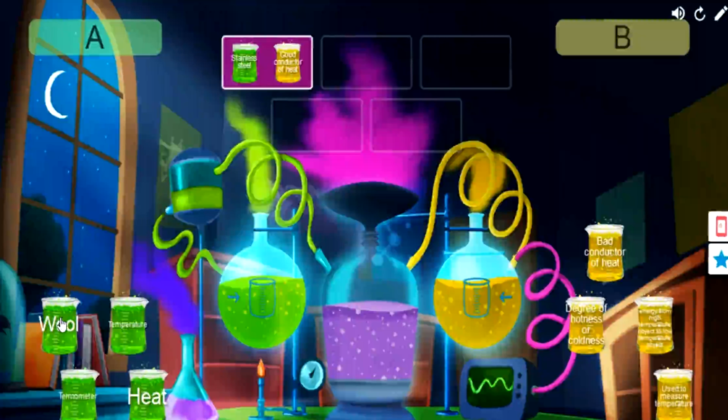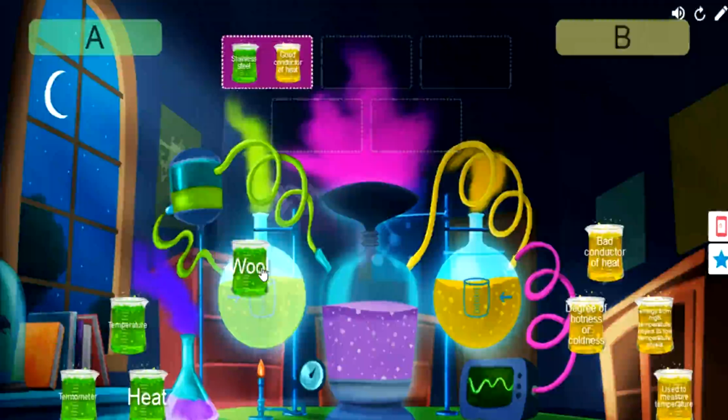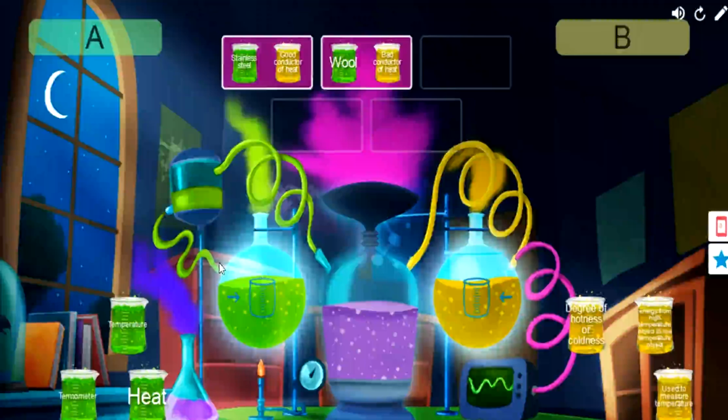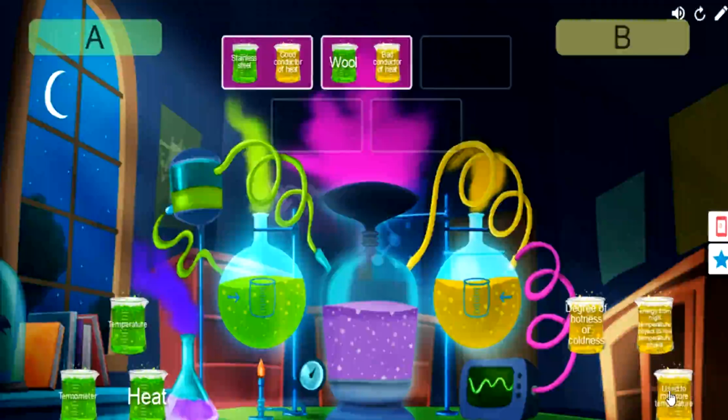Second beaker, wool. Wool is a bad conductor of heat. Beaker number 3, temperature. Temperature used to measure temperature? Of course not. Degree of hotness or coldness?